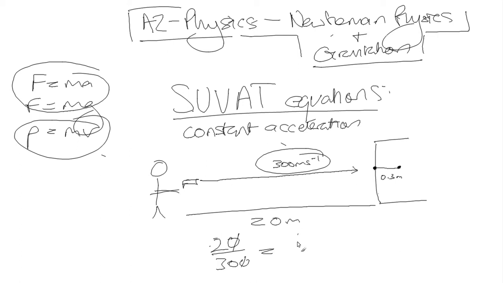It's equal to 2 over 30, which is just equal to 1 over 15. I don't know the answer to that, so let's use the good old calculator. That's equal to 0.06 recurring, so 0.067 seconds to travel that distance. So let's call this time 1.